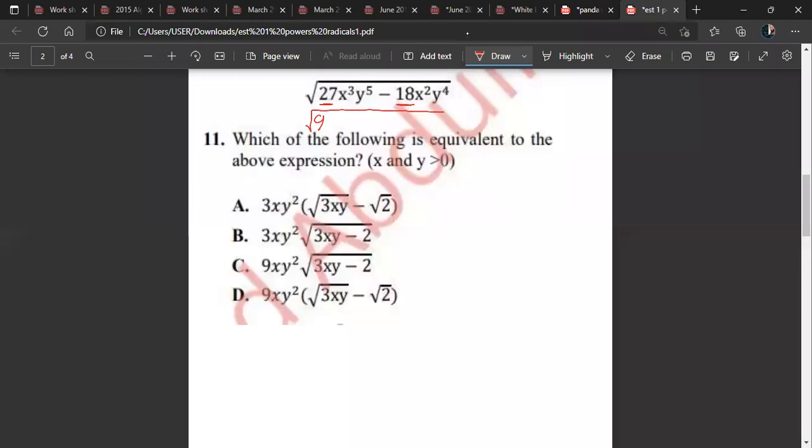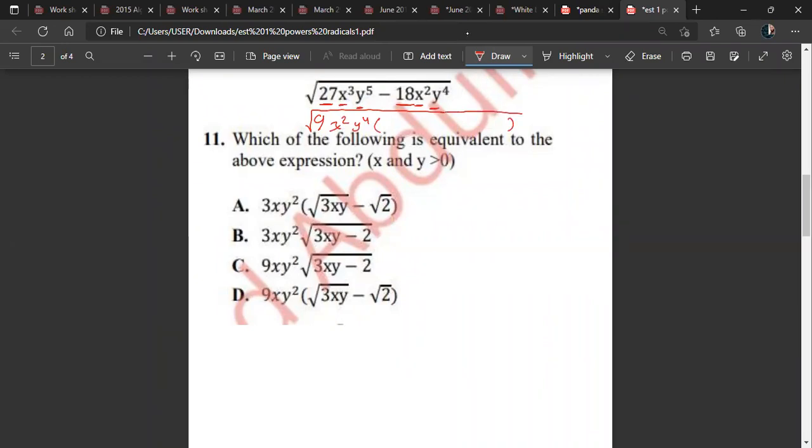Also you can take x squared from here and here, and y power 4 from here and here. When you take the variable with the smaller power from both sides, we have x and x, y and y in common. We take the variable with the small power, so we take x squared and y power 4, then open bracket.